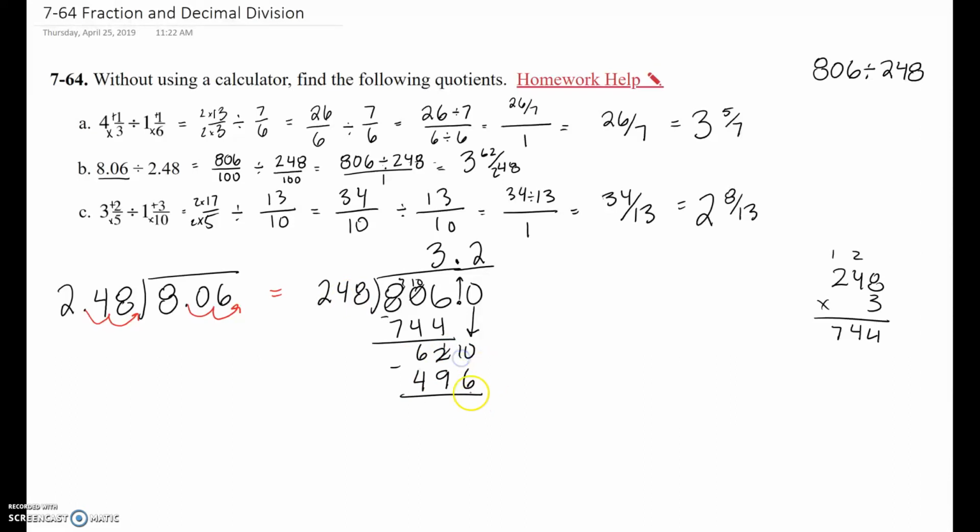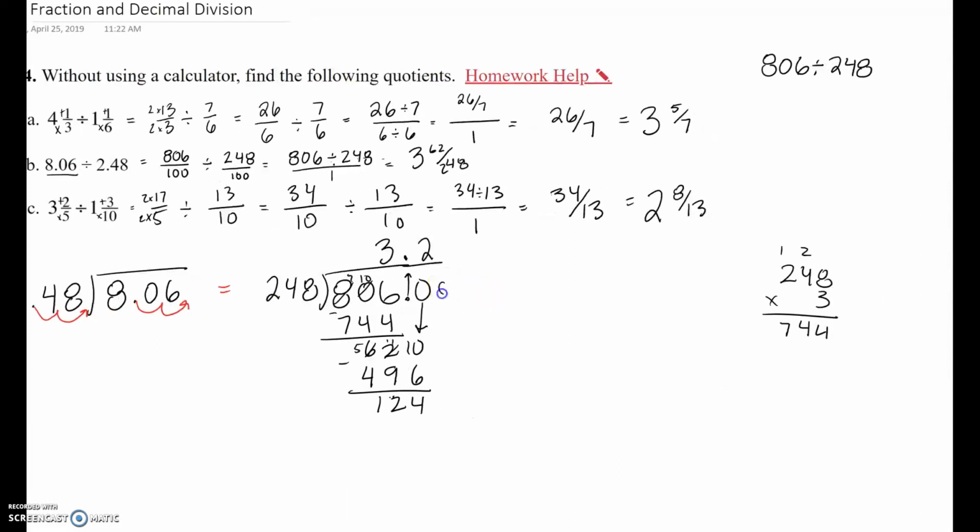Subtracting, we've got 124, and then bring down 0, and continue this out.